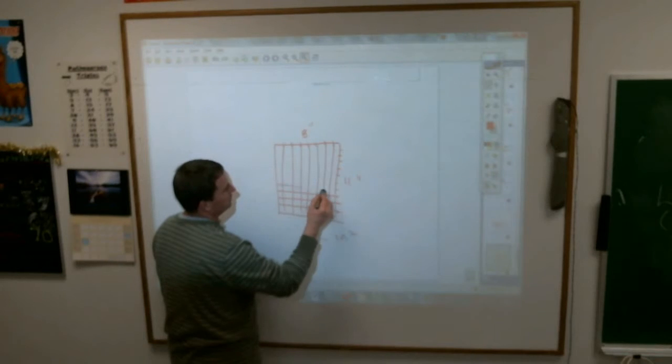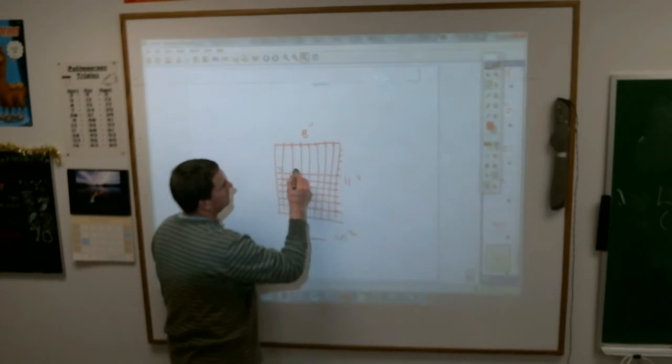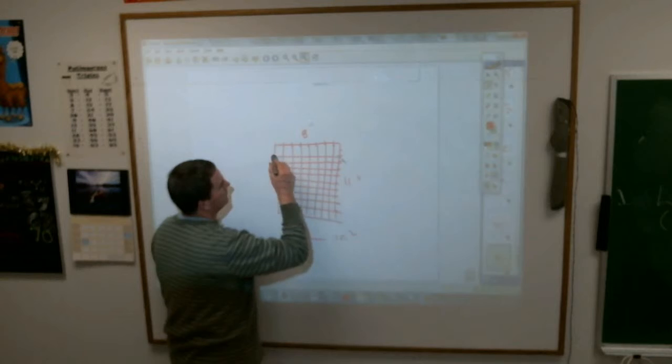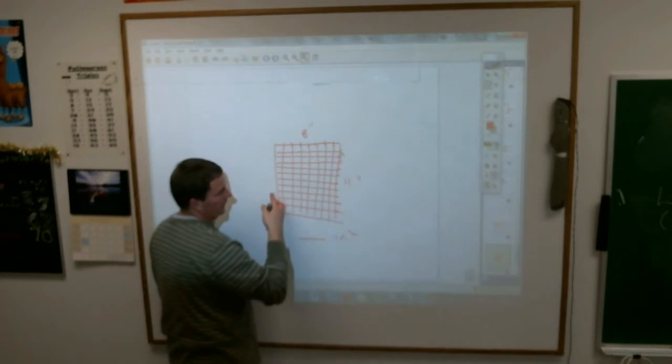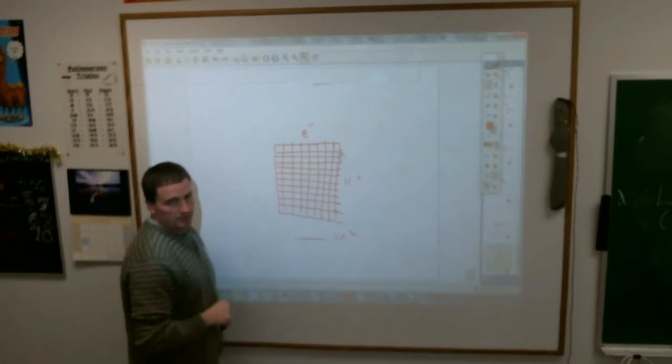And you could sit down and count every one of those squares, which means you have either 11 rows of 8 or 8 rows of 11.